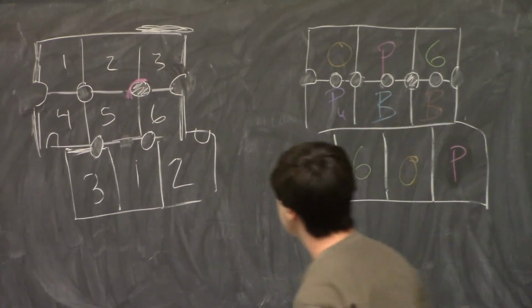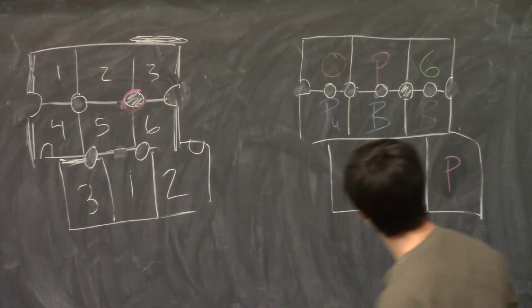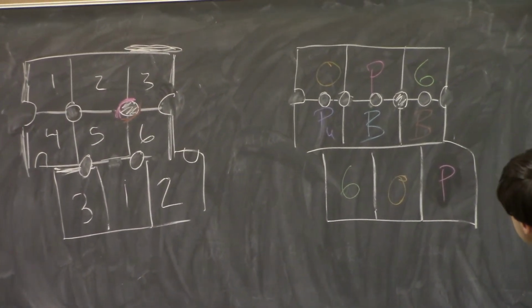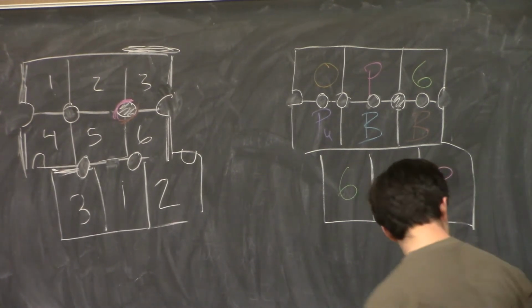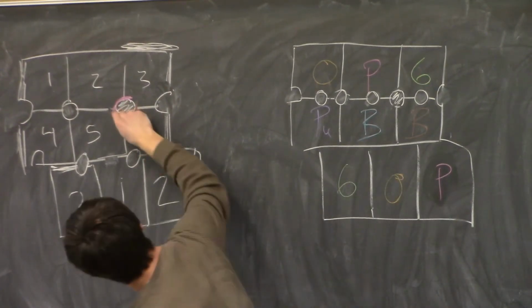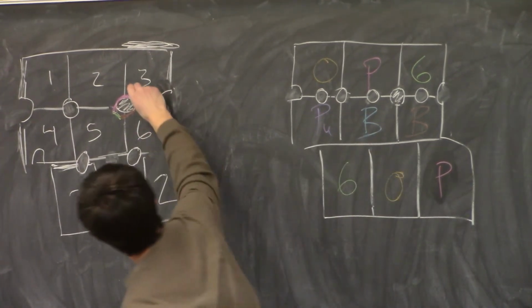The brown region is now adjacent to regions 3, 5, and 6. And here we go. The green is adjacent to region 5, and the blue is adjacent to region 3.